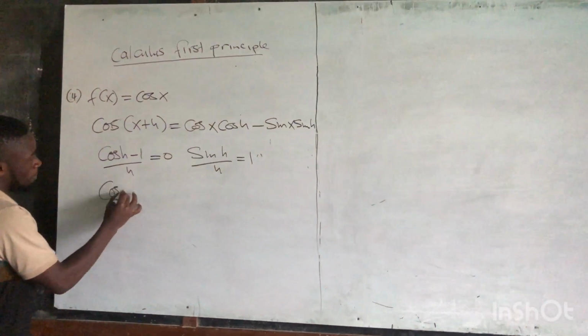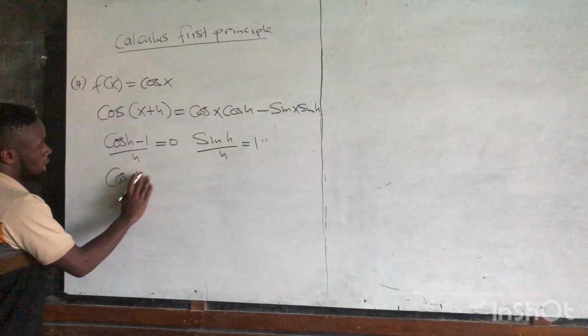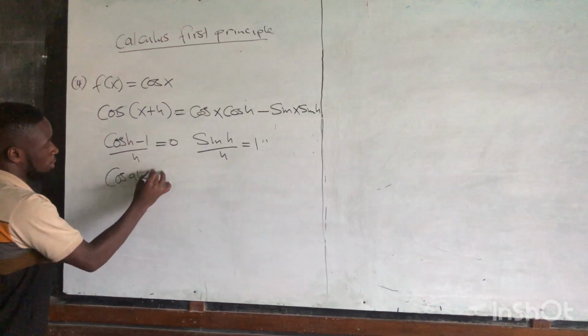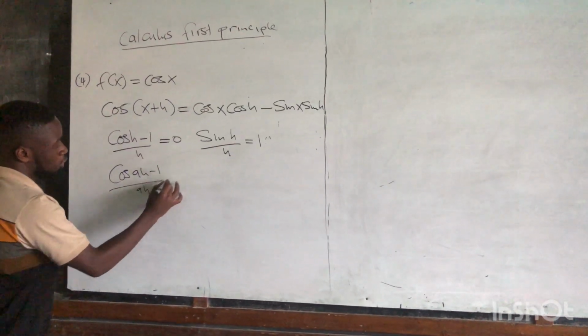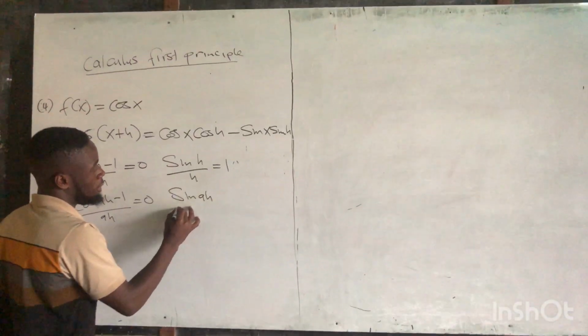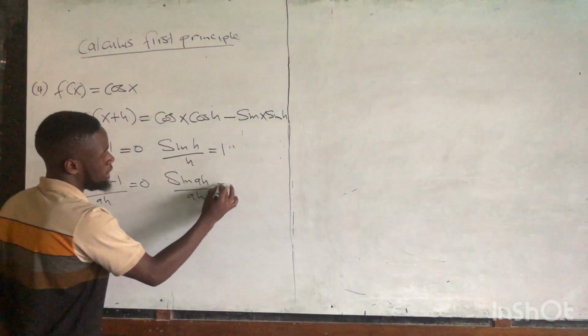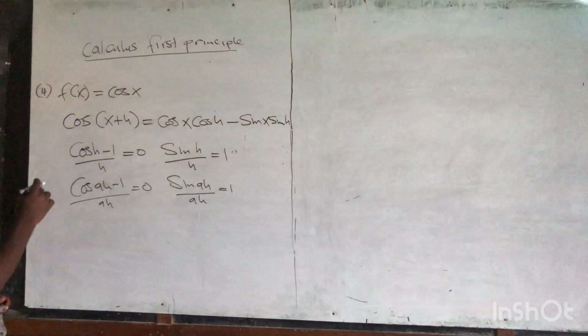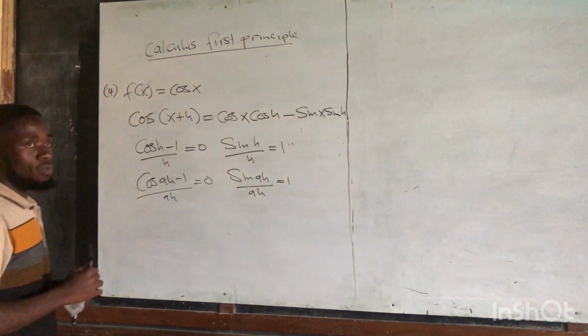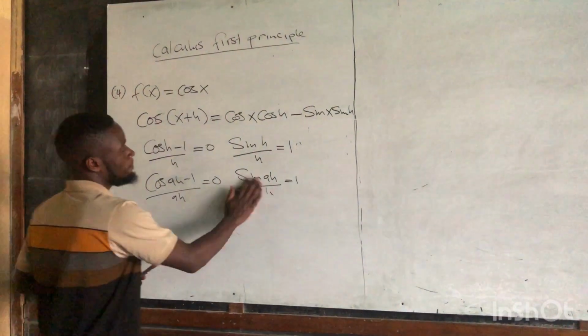This can be any variable, say ah: cos ah minus 1 over ah gives 0, and sin ah over ah gives 1. We need to understand this before we solve this question.